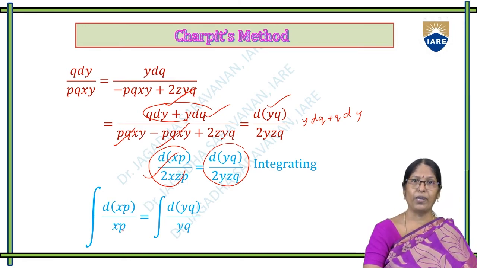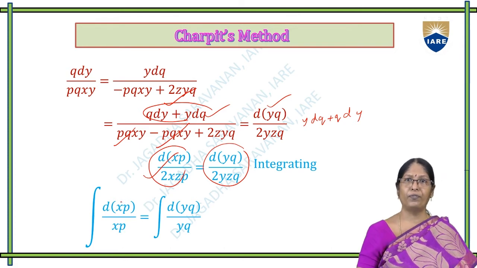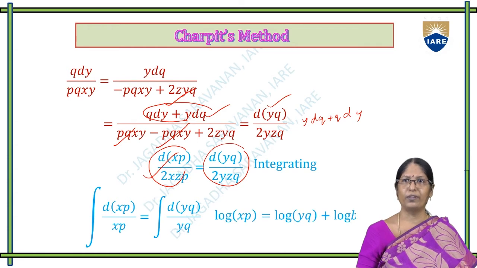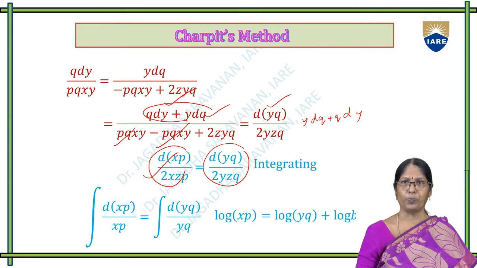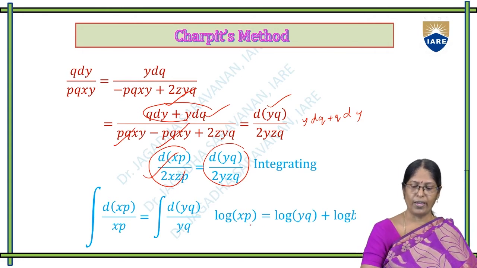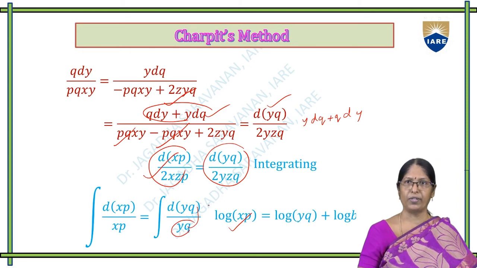That is xp, the numerator is the differentiation of the denominator. Then we know the formula. We can put that integration as log of that term. So log of xp. Here also yq, the numerator is the differentiation of the denominator.